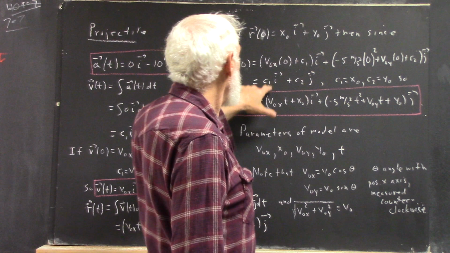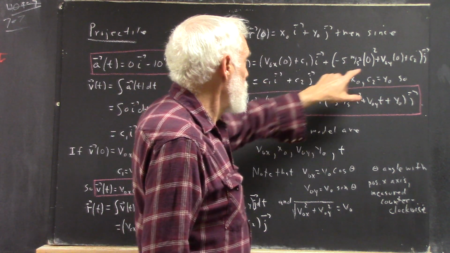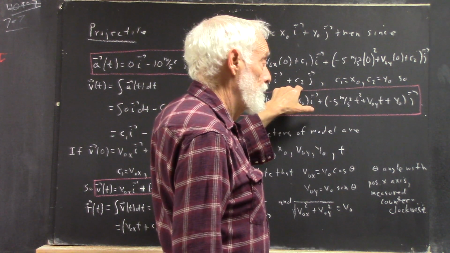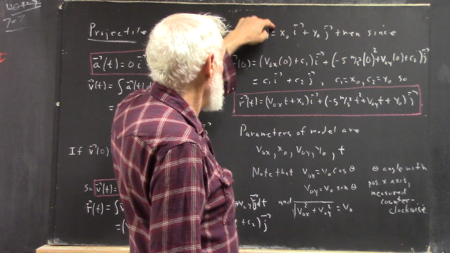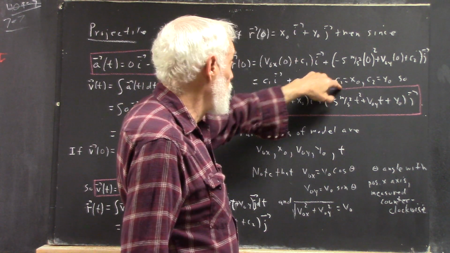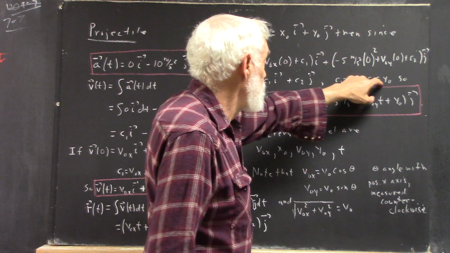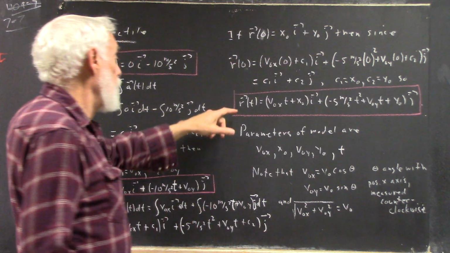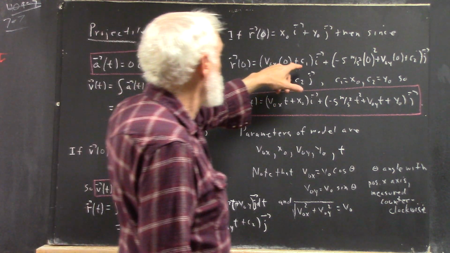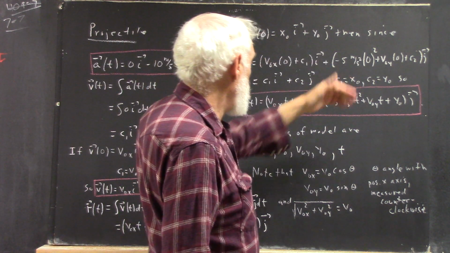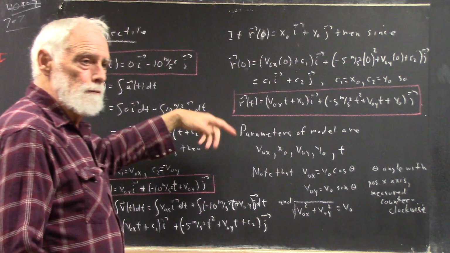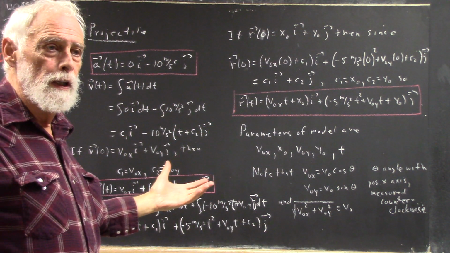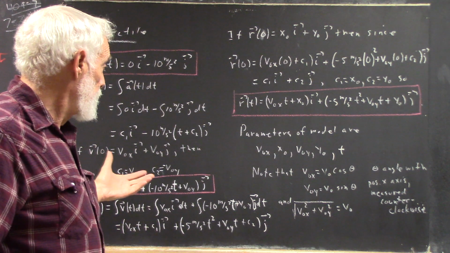That just becomes C1 I plus C2 J. And we conclude that since this has to equal this, C1 had better be equal to x naught, and C2 had better be equal to y naught. So that our R of t function, replacing the C1 and C2 by x naught and y naught, is what you see here. So those are the equations for any ideal projectile.